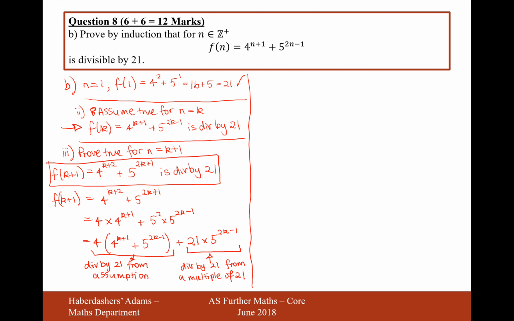Okay, so therefore now we just need to write a little sentence saying that the addition of two multiples of 21 is also a multiple of 21.